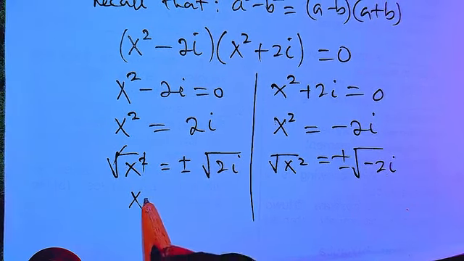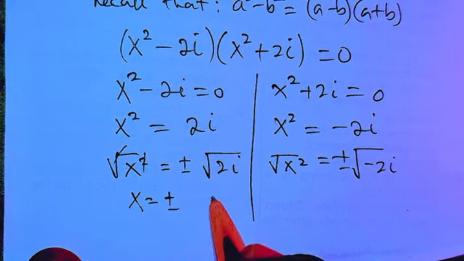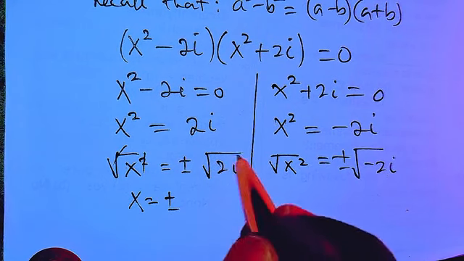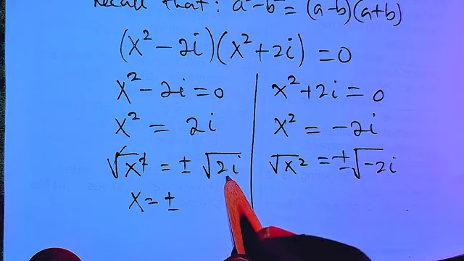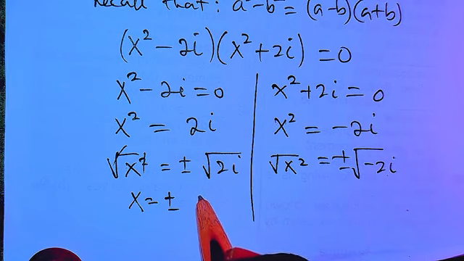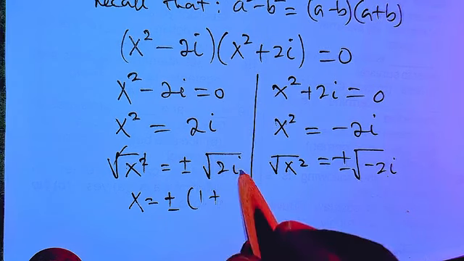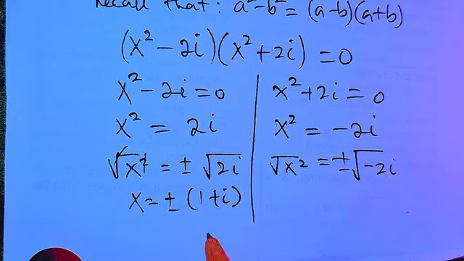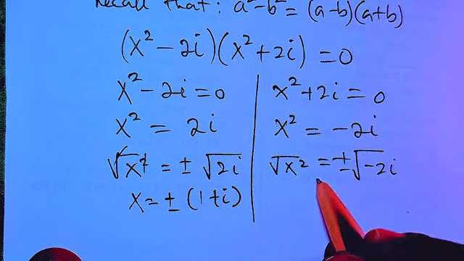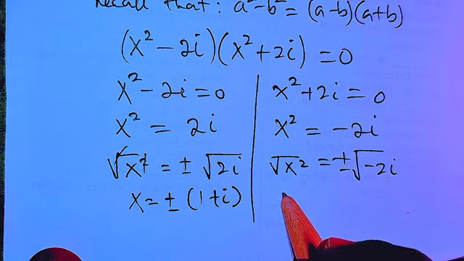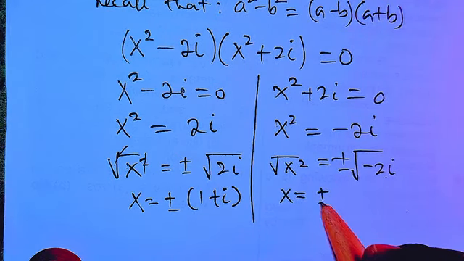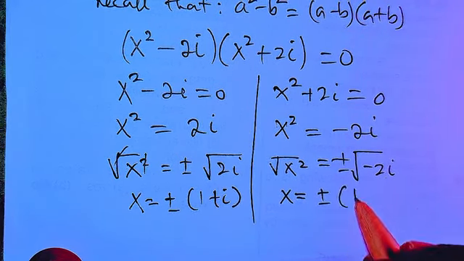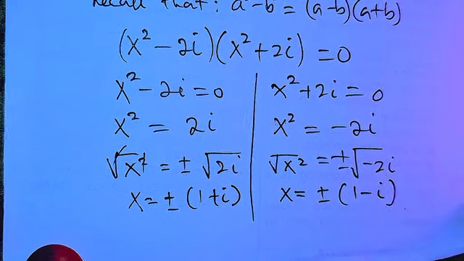So now from there, this will cancel this. We have x equals plus or minus, if you press your calculator, the square root of 2i, you are going to have 1 plus i, in a simpler form. Then also, we're going to have x equals plus or minus 1 minus i, if you press your calculator.